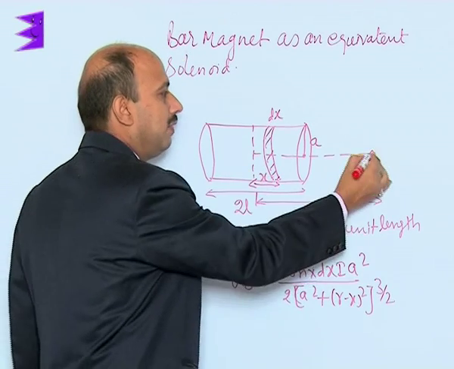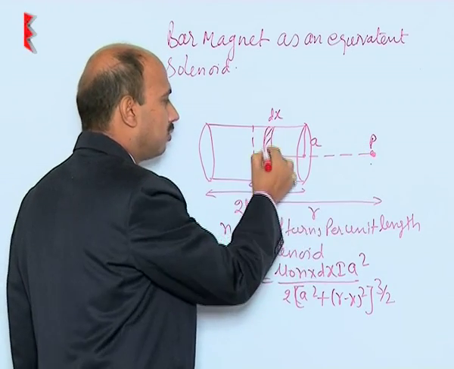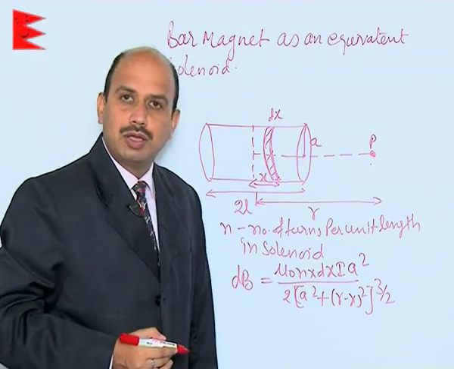So, this is the magnetic field at point P due to this small element of the solenoid.